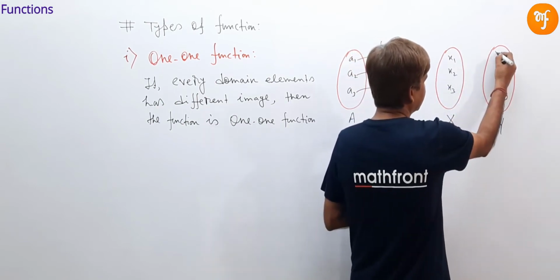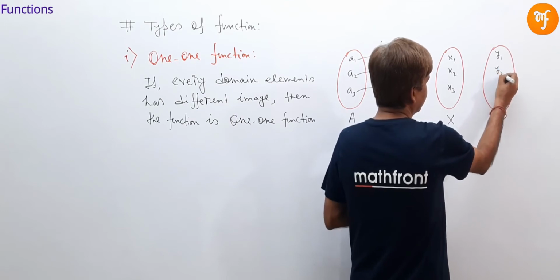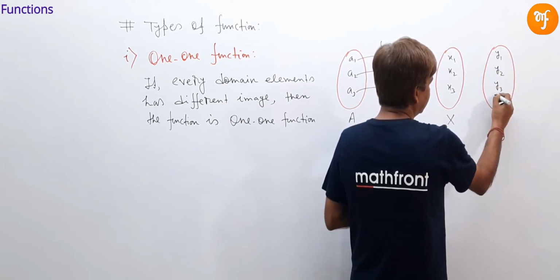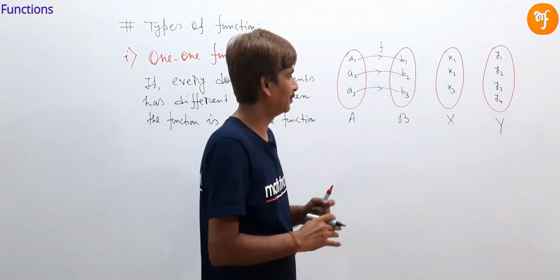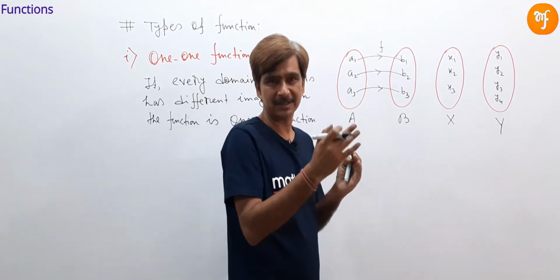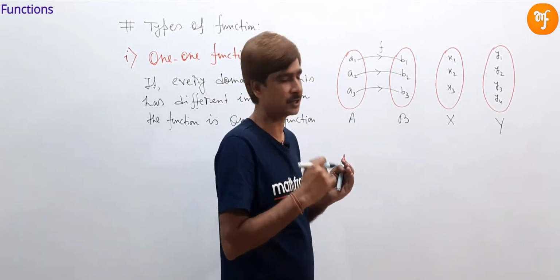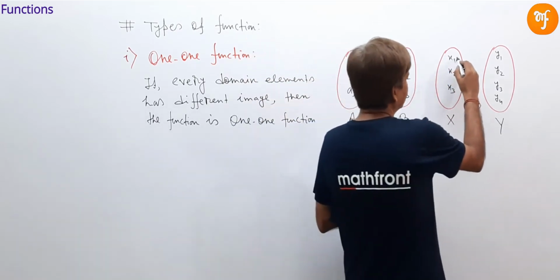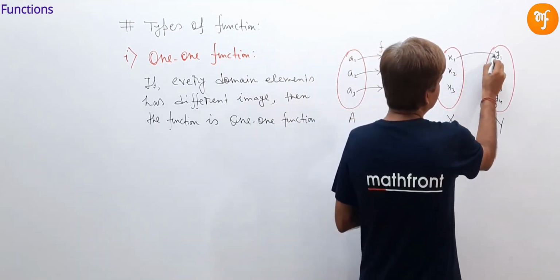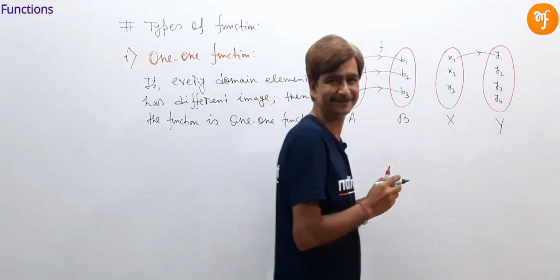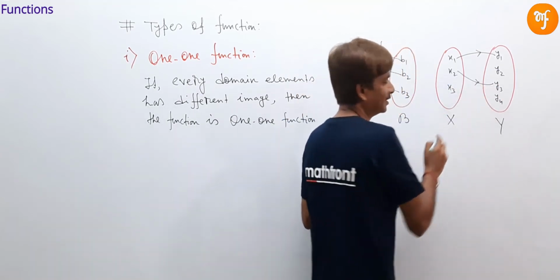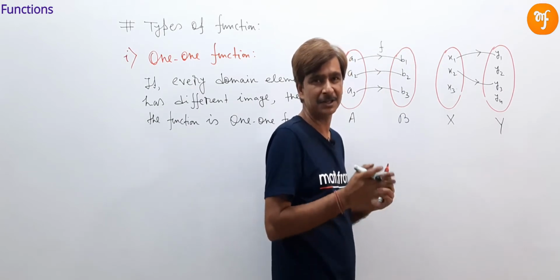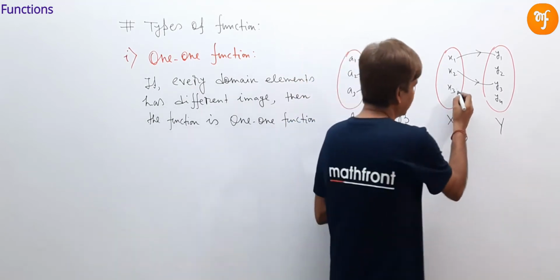Elements of Y are y1, y2, y3, y4 and so on. Now if phi is the relation, x1 has phi image y1, x2 has phi image y3, and x3 has phi image y4.